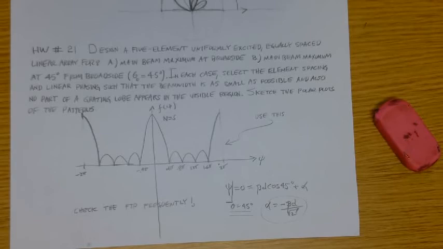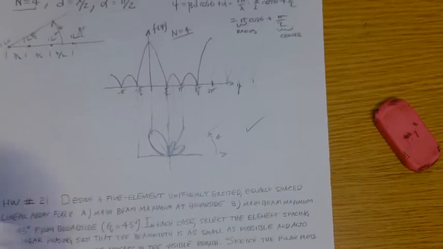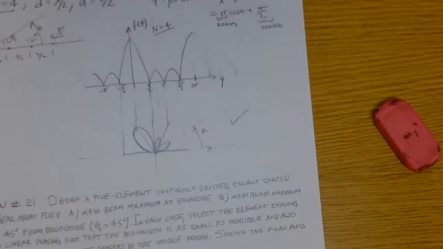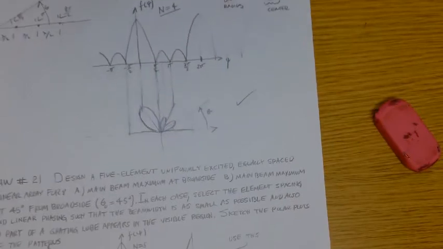Introduction to array concepts. Arrays are quite important. Why? Because if we have more elements, the electrical size of the antenna, including all elements, is larger. Therefore, the beam is smaller.